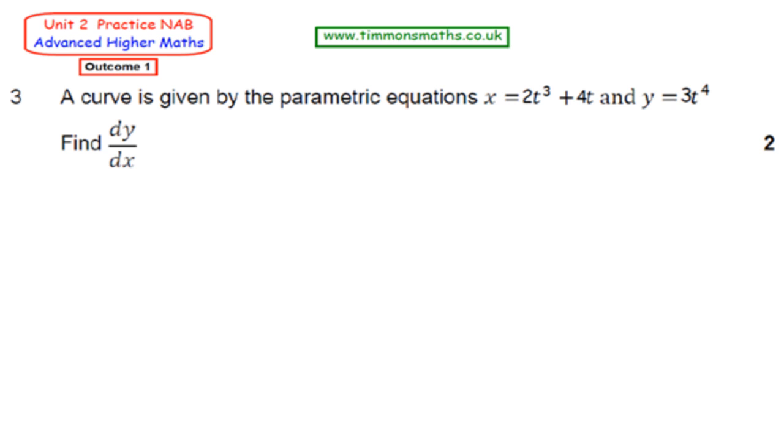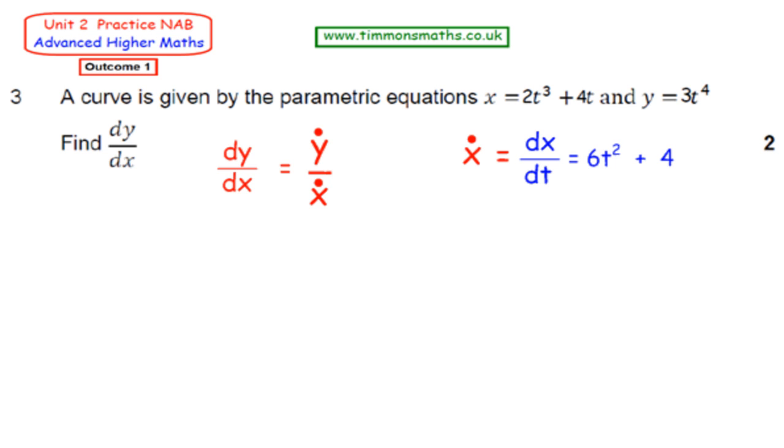Dy by dx is given by y dot over x dot. Now x dot is equal to dx by dt. Differentiating 2t cubed plus 4t with respect to t gives us 6t squared plus 4.